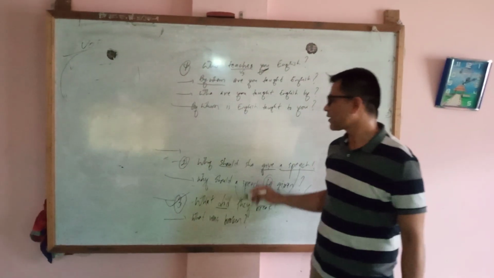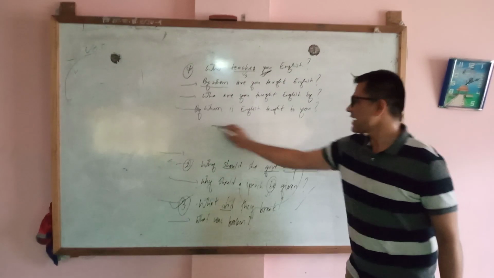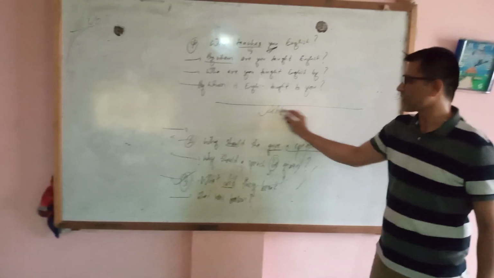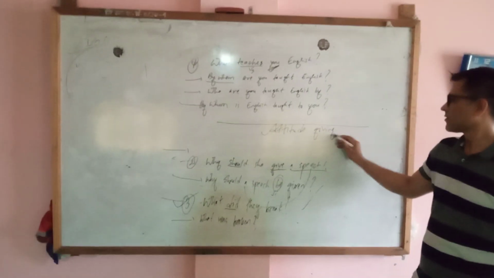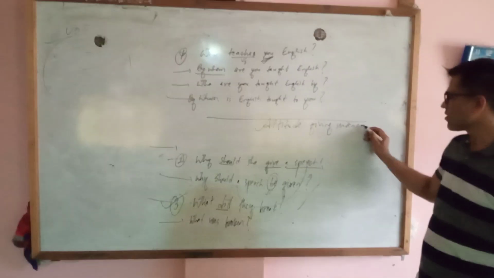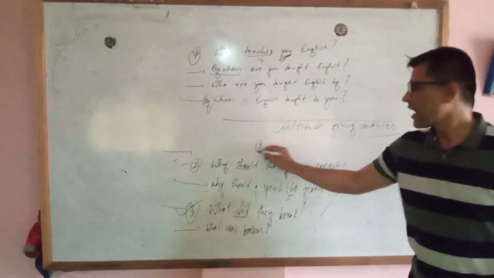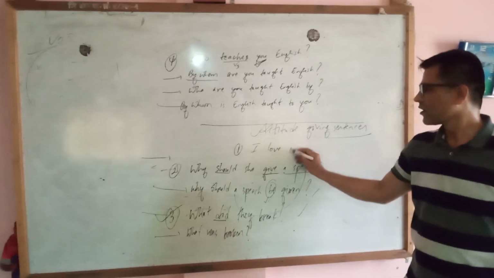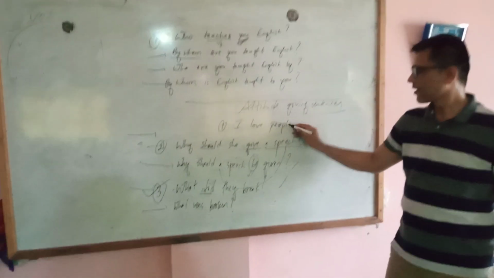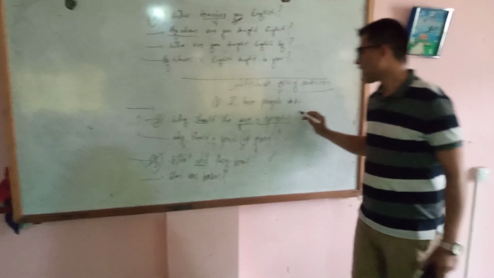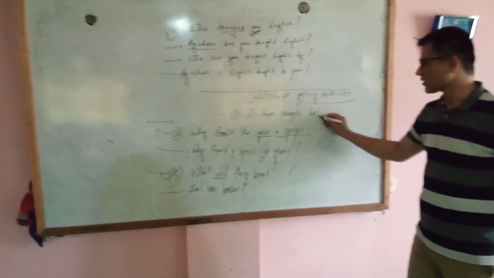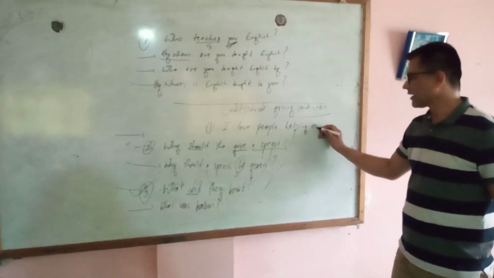And sometimes the question is in a teacher giving sentences. For example, a teacher giving sentences. In that case, I will tell you just an example. I love people helping me.